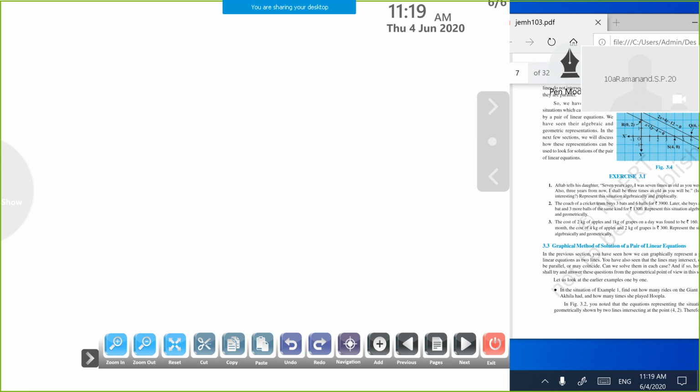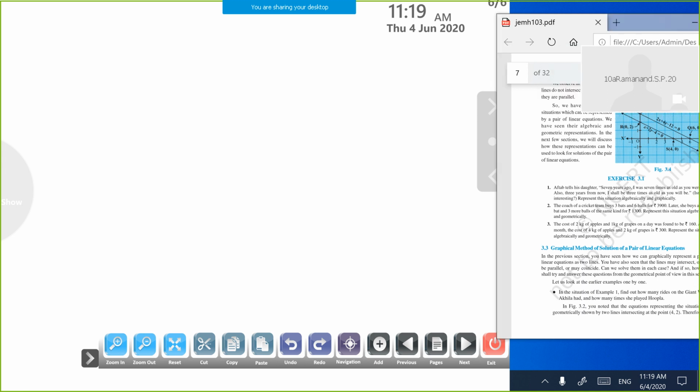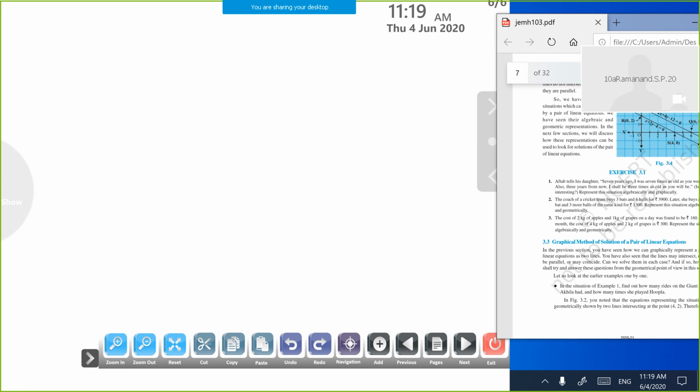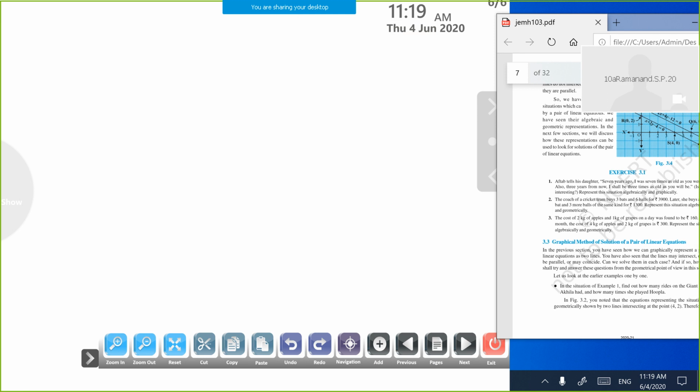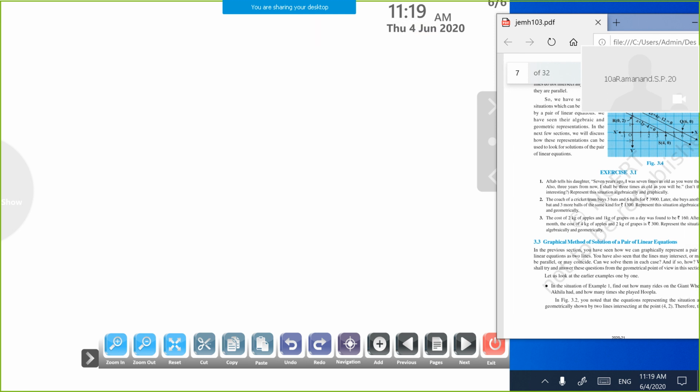Read the question. The cost of 2 kg of apples and 1 kg of grapes on a day was found to be 160.